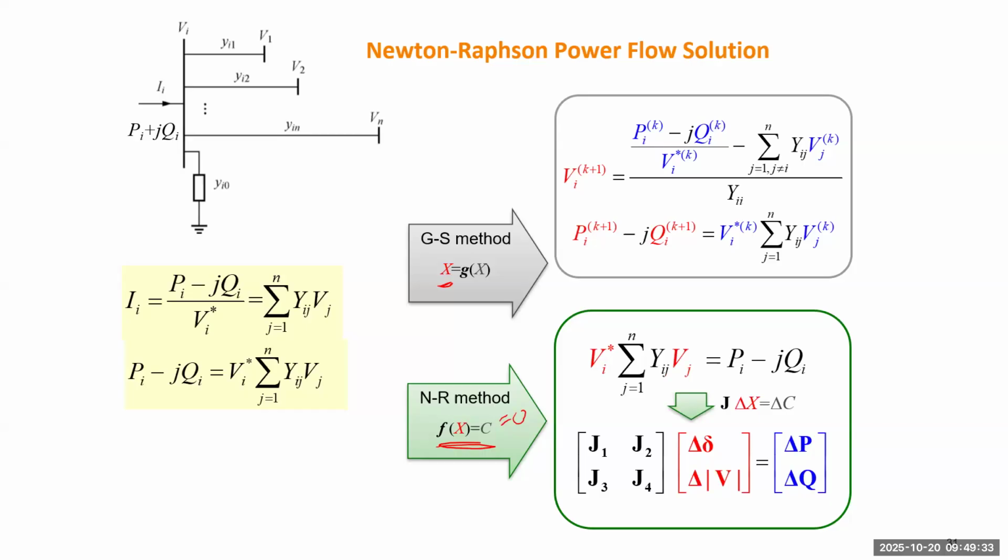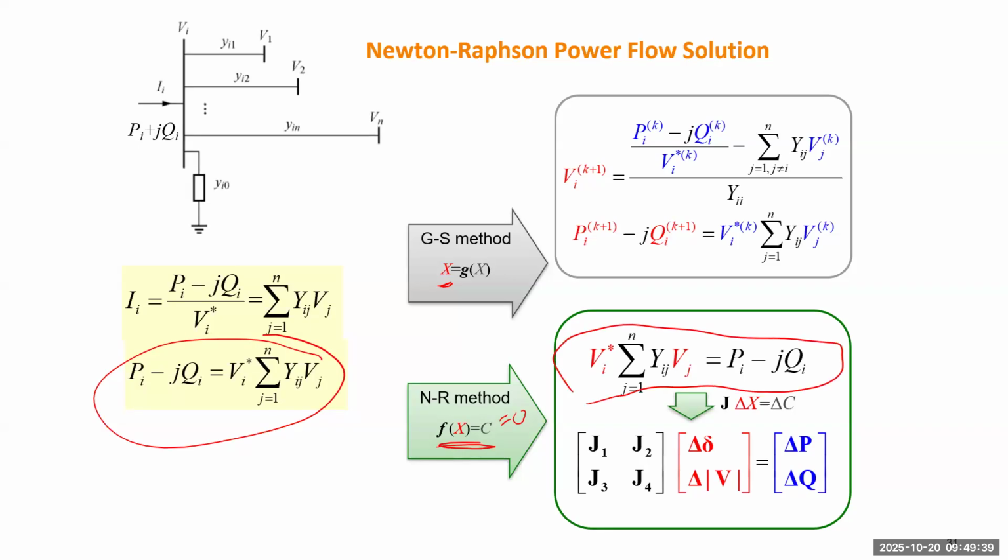So we can utilize only the second formula, which is here. If we consider voltage as the unknown variable to be solved, we want to linearize this equation into this form. So here is a Jacobian.